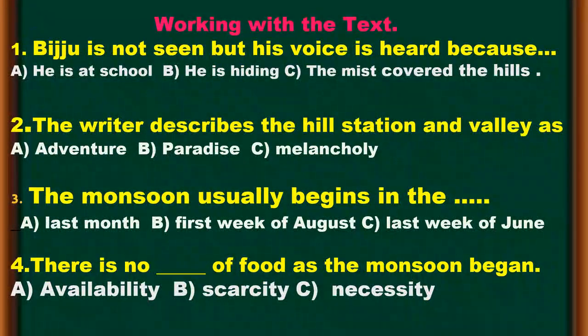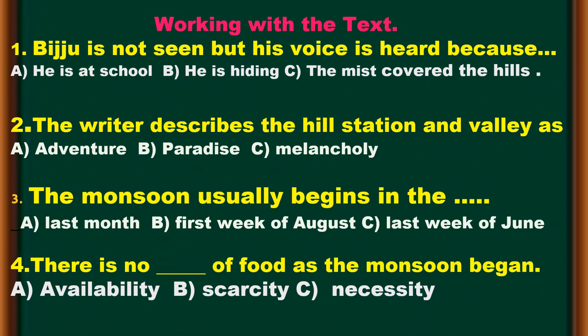Well, children, now let's check how well you have read. First question for you. Bizu is not seen but his voice is heard because: option A, he's at school; B, he's hiding; C, the mist covered the hills. What do you think is the right answer?